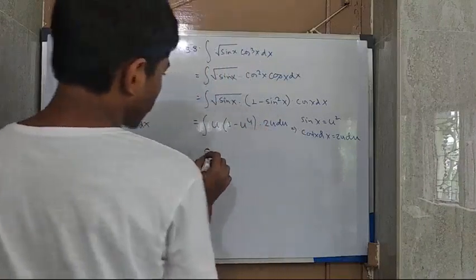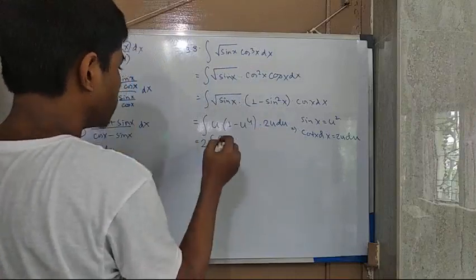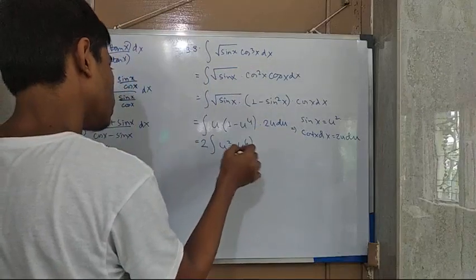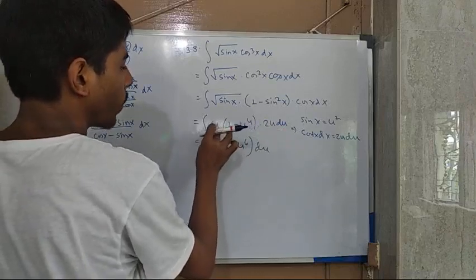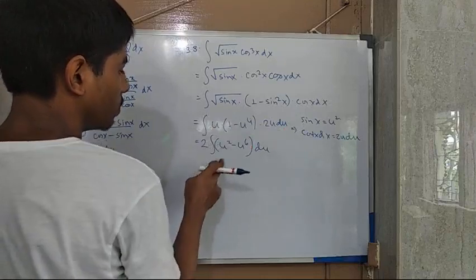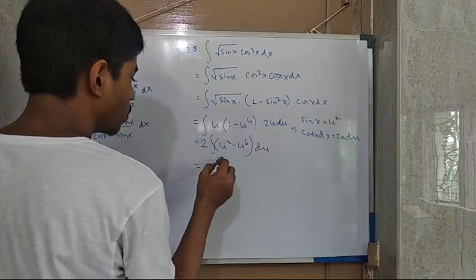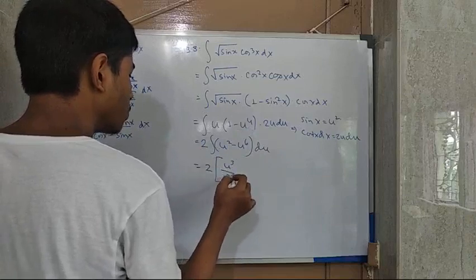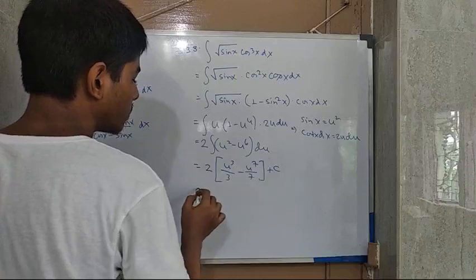Take the 2 out. This becomes u squared minus u to the power 6, because u squared with this will give u squared and u to the power 6. So this is actually 2 times u cubed by 3 minus u to the power 7 by 7 plus c.